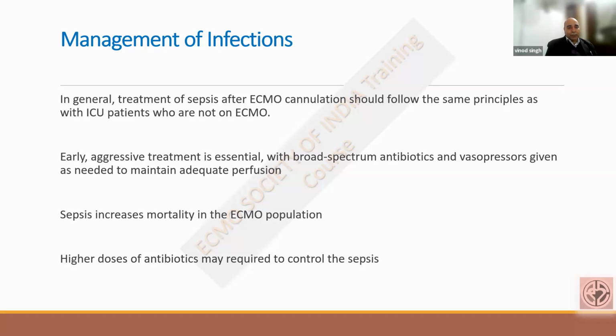So we try to give higher doses of antibiotics empirically, and then modify according to the culture sensitivity report. Okay. And if the patient has gone into sepsis and septic shock, and particularly if the patient has got fungemia and fungal infections, they are at very high risk of death. So prevention of infection is very important, and early management and treatment is important.